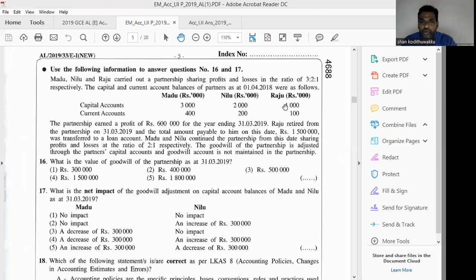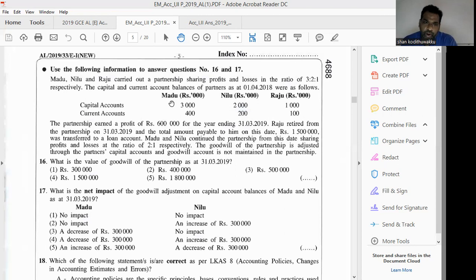Now we found that the amount that came from goodwill to Raju's capital account is 300. That is the goodwill portion for the retired partner. Therefore, 300 is equal to 1/6, since the ratio is 3:1 and Raju's portion is 1.